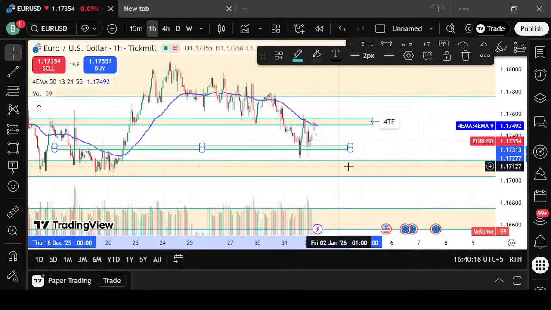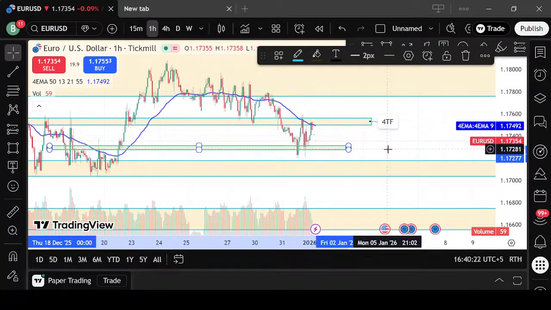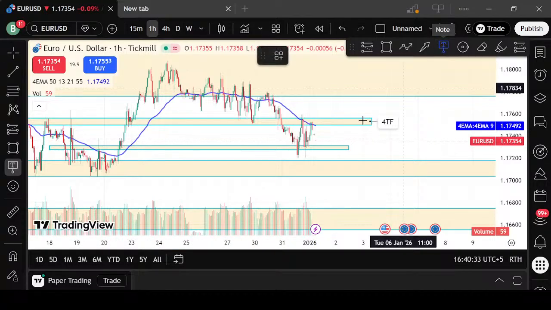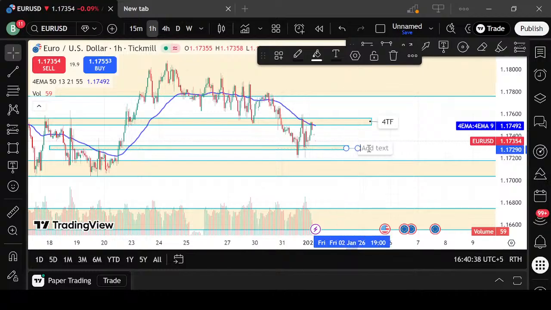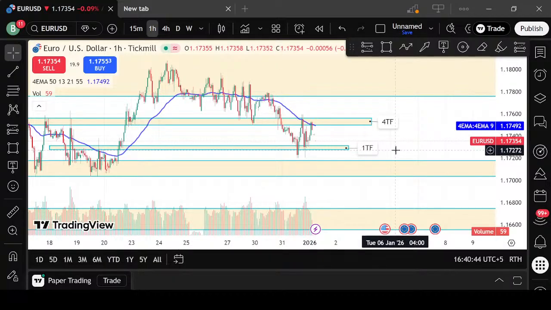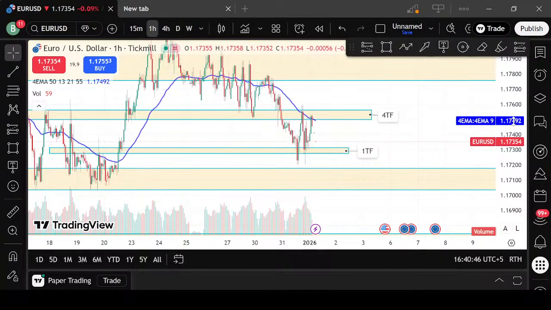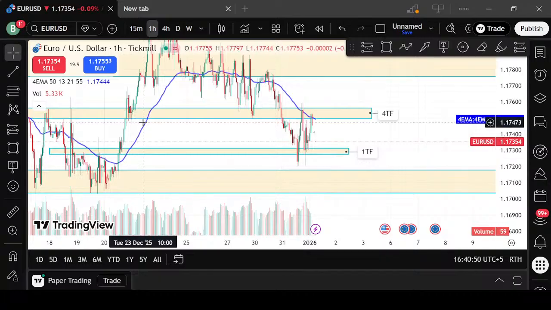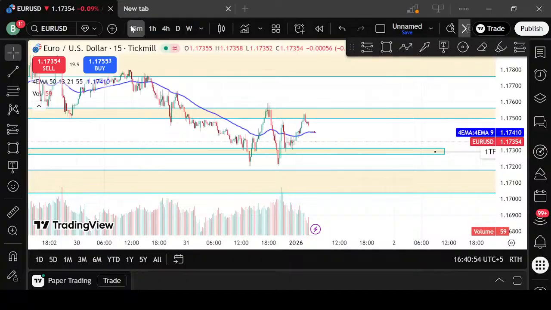Okay, and now the price is roundabout at the spot, right. You can see that it is the 1 hour time frame, and now we will further break down the time frames to the 15. Okay.